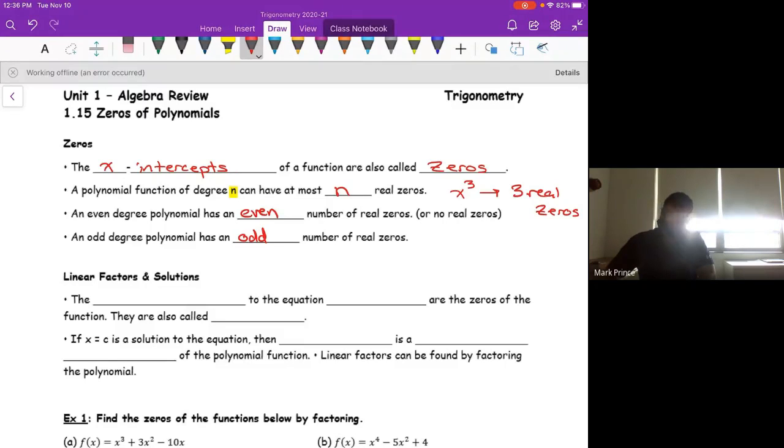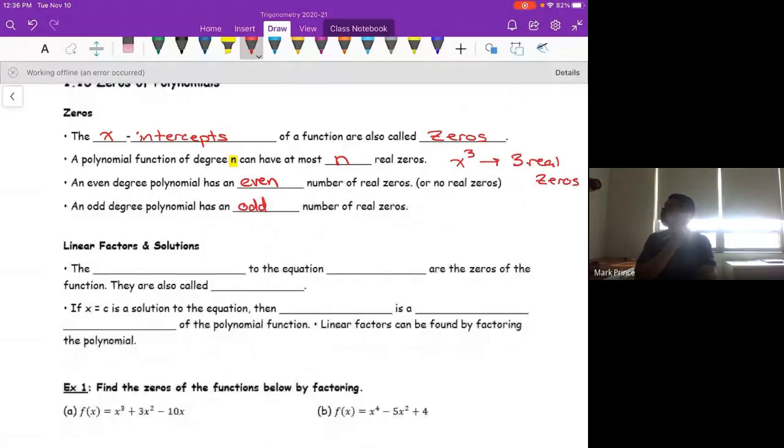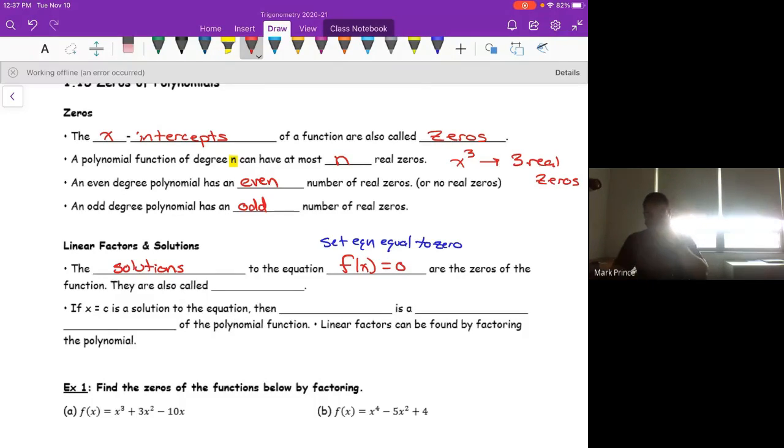Okay. So next we're talking about linear factors. We've got to do some vocabulary before we get started, so it makes more sense when we're doing it. So we have linear factors and solutions. The solutions to the equation, so we set the equation equal to 0, are the zeros of the function.